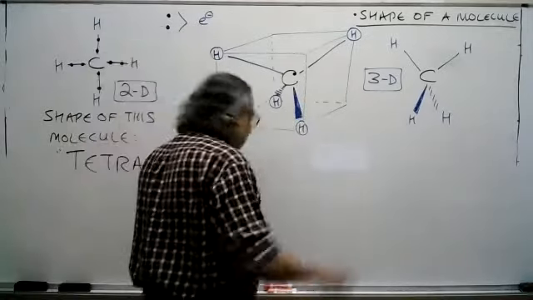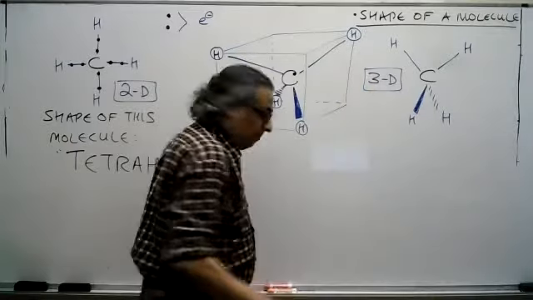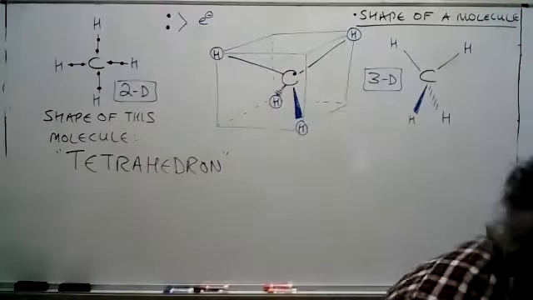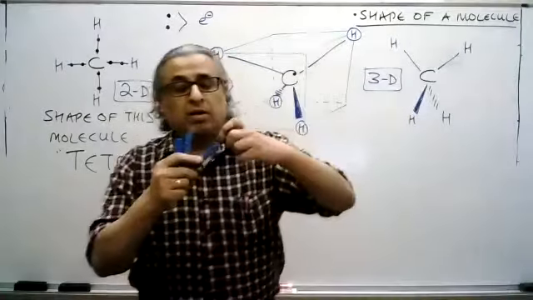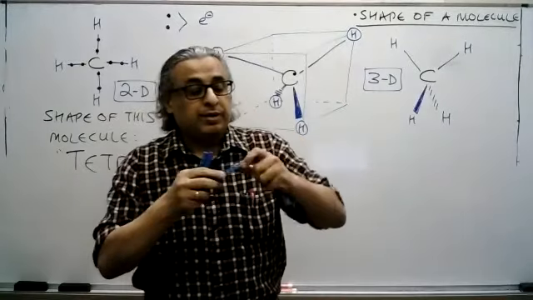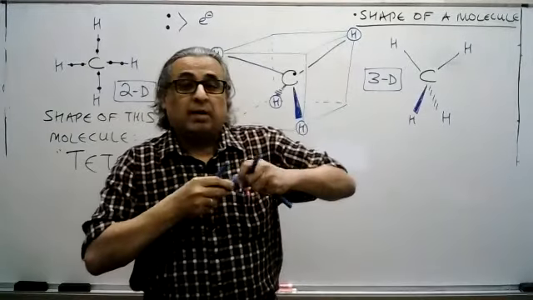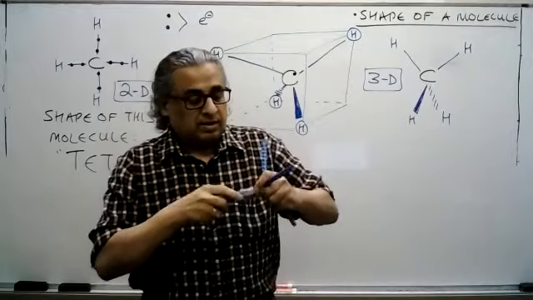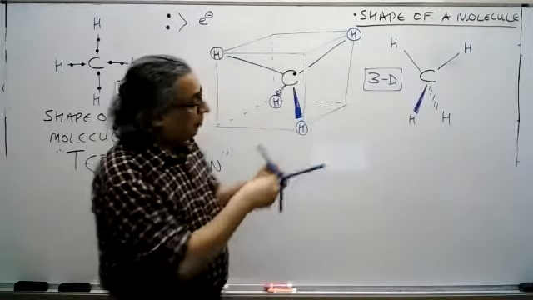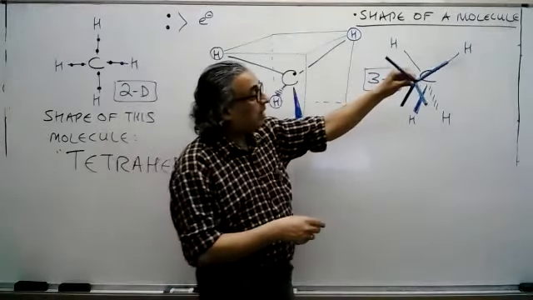Now, the convention of representing a methane molecule or an sp3 element is not exactly like that. There's nothing wrong with this, but the real representation, I'll show you what it looks like. Let me make a model of it. This is the time when you should seriously consider purchasing or not purchasing a molecular model set. The way I have drawn this molecule is kind of like this.